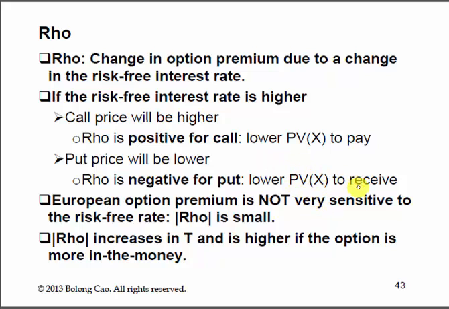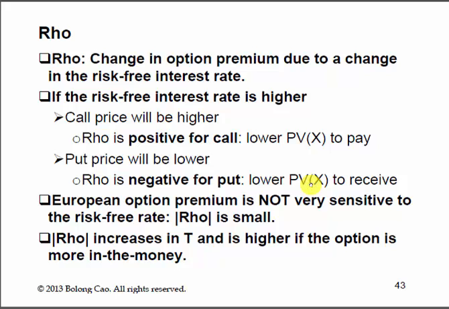The present value will be lower for that strike price if the risk-free interest rate is higher. For the call option, you actually deliver something with a very low present value. For the put option, you receive a very low present value. That's why the put premium is lower when the risk-free interest rate is higher.